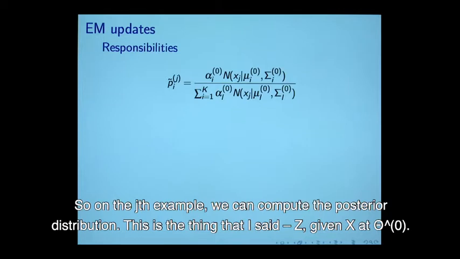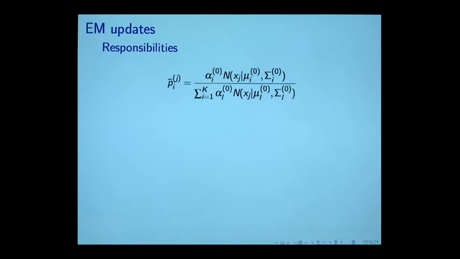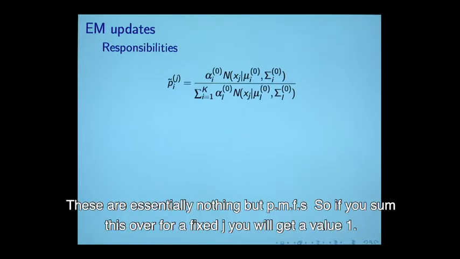On the jth example, we can compute the posterior distribution, z given x at theta 0. Please recall that theta 0 here is alpha 0, mu i 0 and sigma 0, right. These pi tilde's are often called responsibilities. Now, this is essentially nothing but a PMF. So, if you sum this over i for a fixed j, you will get a value 1.